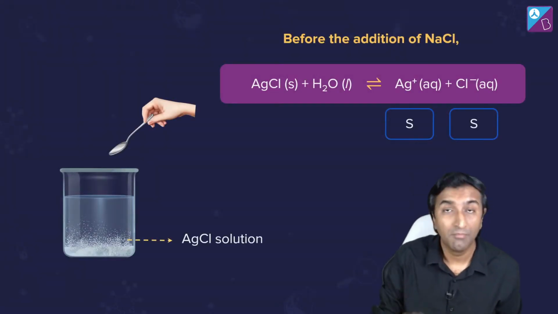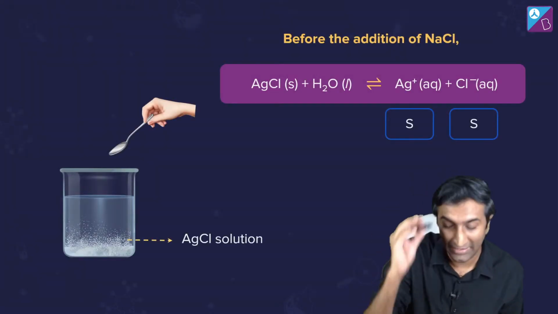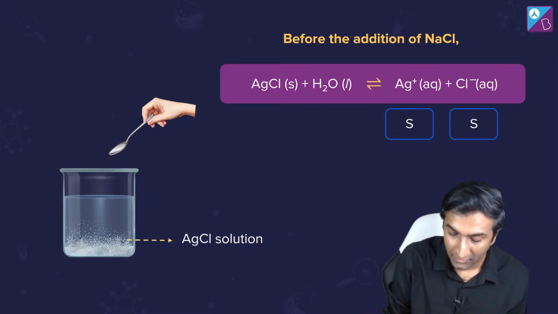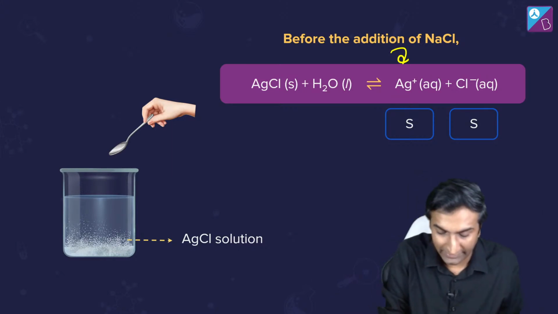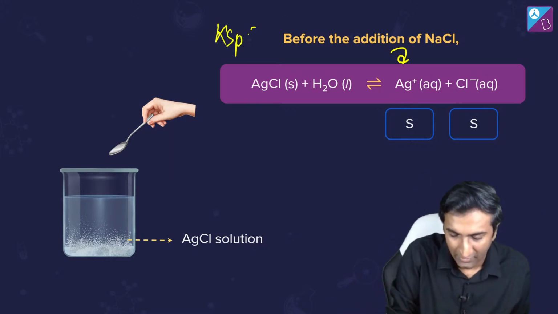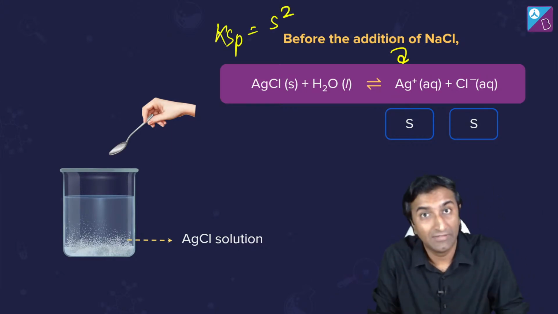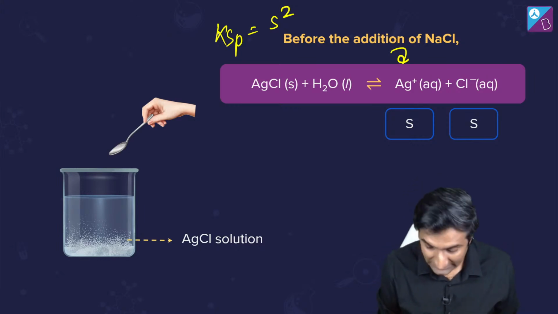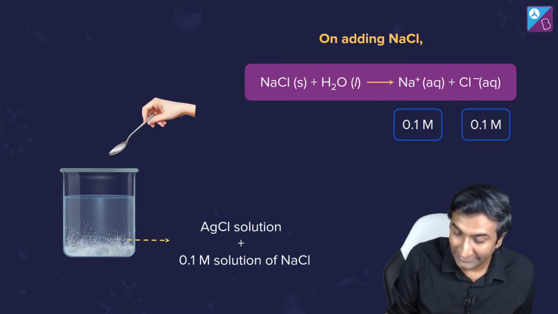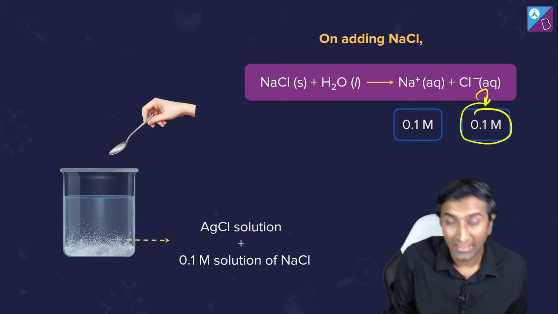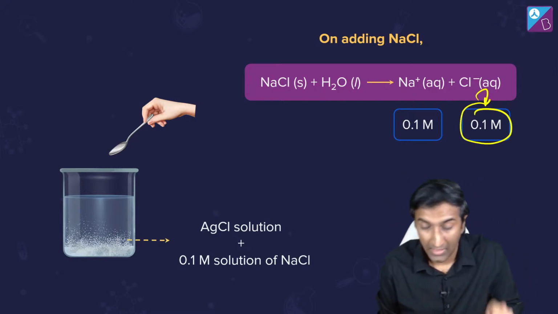Okay. Now, before addition of NaCl, उससे पहले, this is the good old solubility product. Simple 1:1, S square होगा इसका KSP, and you can get that value of S to be the root of KSP. That's it. जैसे ही मैंने ऐड किया NaCl, look at this. I have increased the concentration of Cl minus ions by 0.1 molar.